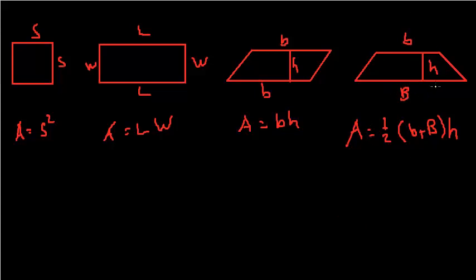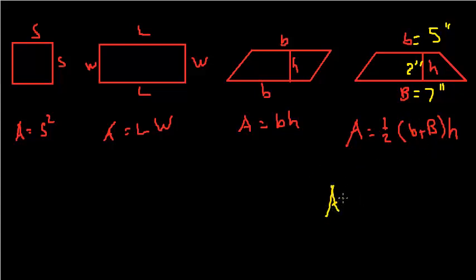So let's go ahead and practice once with the trapezoid formula here. If I know that my little base is 5, say, inches, and my big base is 7 inches, we'll call our height 2 inches. And then to find the area, we just plug those numbers into this formula.